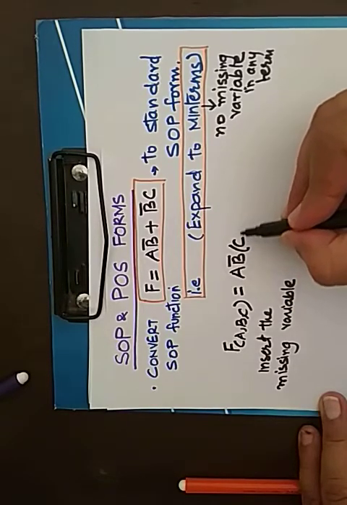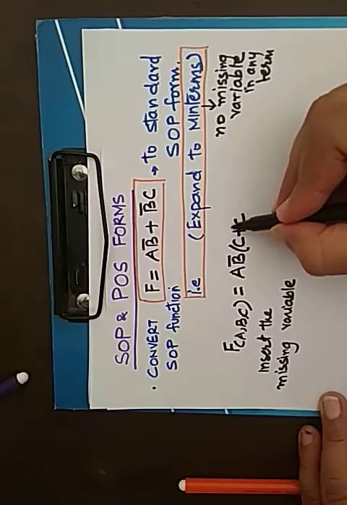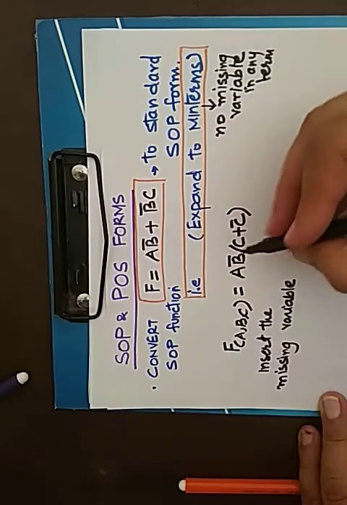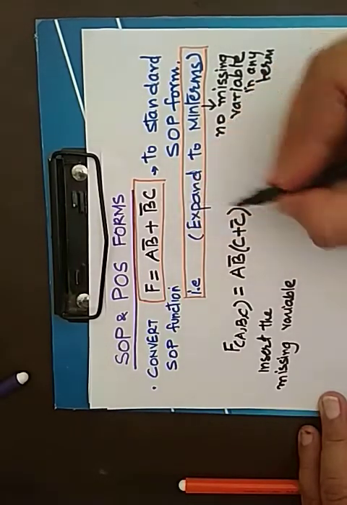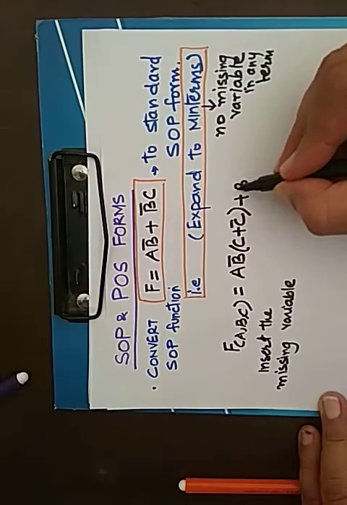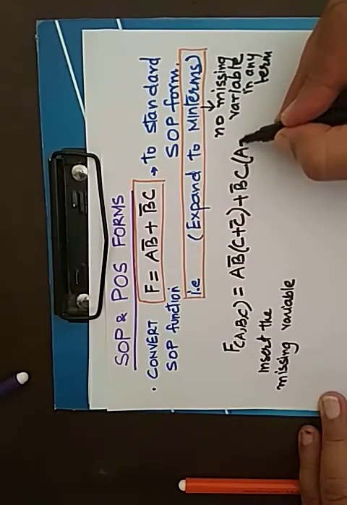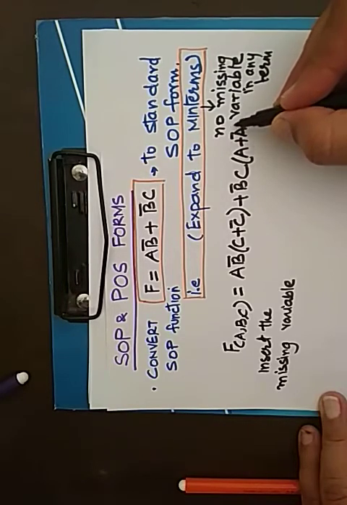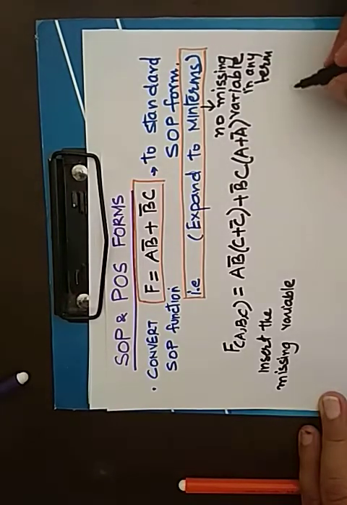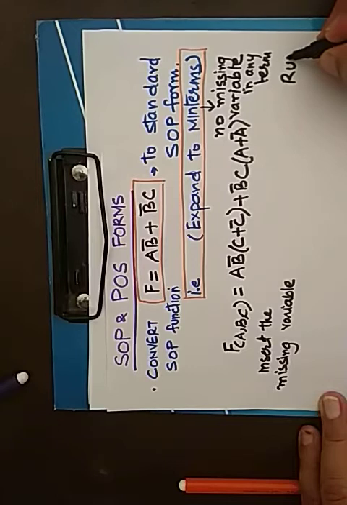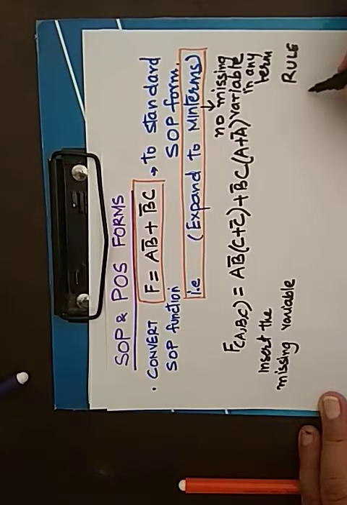So we may multiply this by c plus c bar. We will just see the reason why. And in the second term b bar c, the missing variable is a. So we multiply this by a plus a bar. Why? Because we know that there is a rule which tells us that a plus a bar is 1 and also c plus c bar is 1.